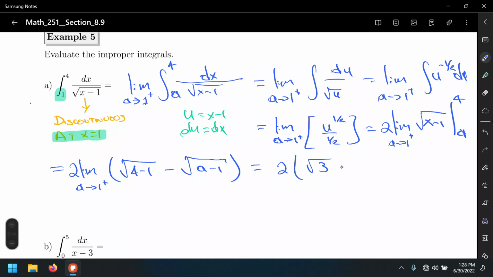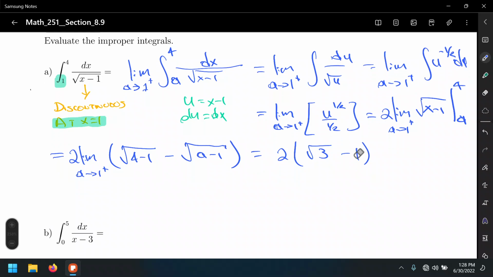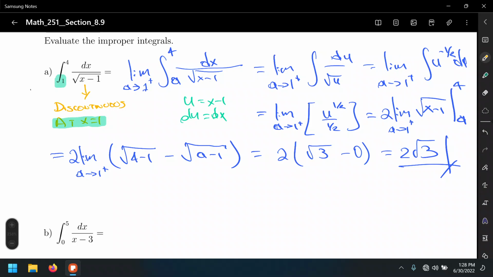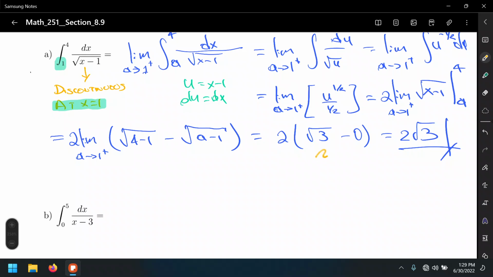That's the square root of 0, which is 0. And this is simply 2 root of 3. Because we got a finite number, whether this is an integer, a fraction, a decimal, or an irrational, this means the integral converges.